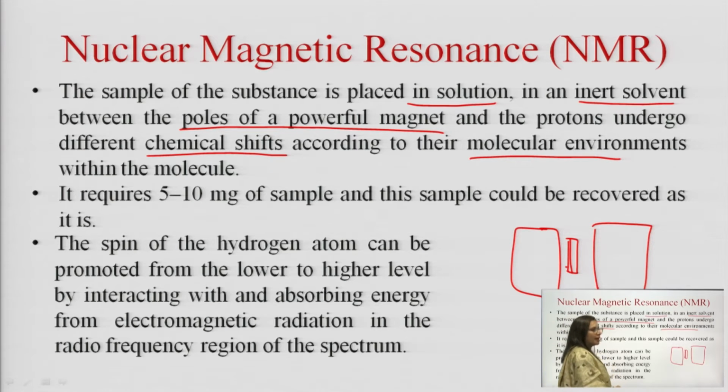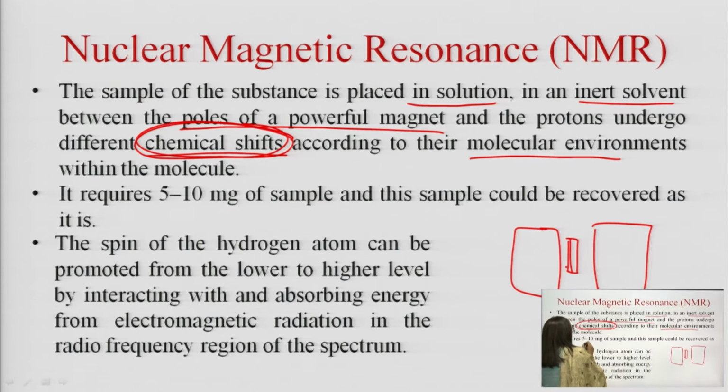In nuclear magnetic resonance we are trying to see the chemical shifts on exposure to the electromagnetic radiation in the presence of the magnet, and the type of chemical shift allows us to determine the molecular environment.